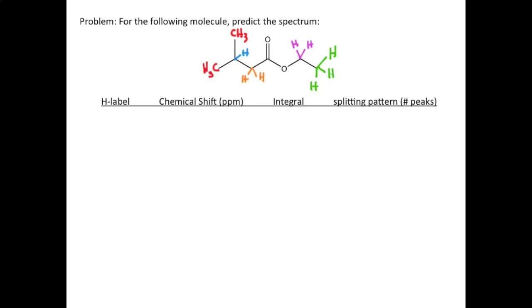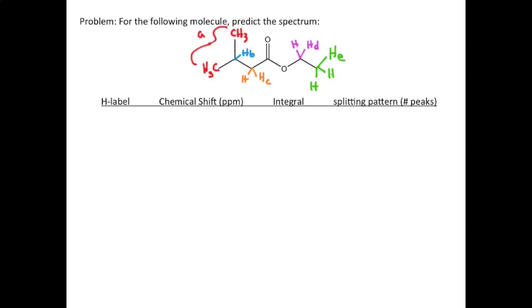Okay, so we can clearly see in this molecule we're going to have 1, 2, 3, 4, 5 different signals. I'm going to call these HA in red, HB in blue, HC in orange, HD in purple, and HE in green.